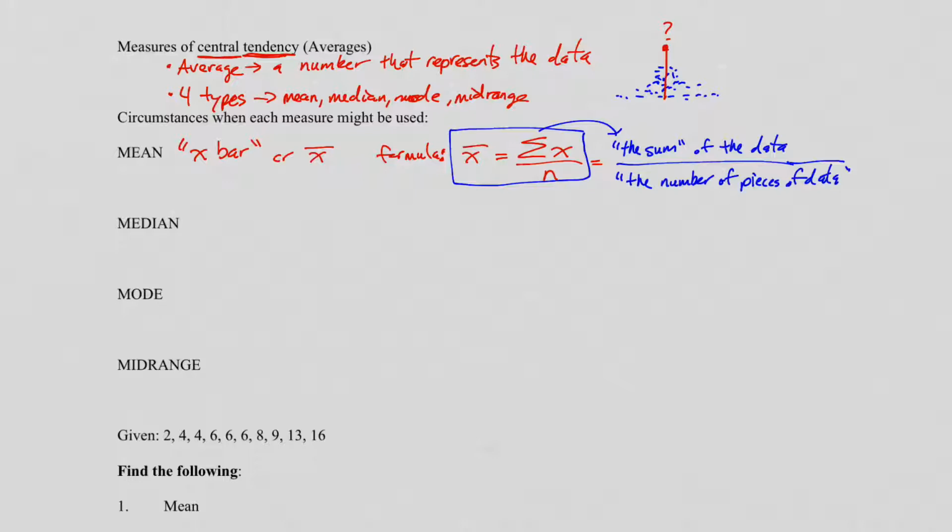The median is going to be the middle value. It's not just the middle of any set of data, it has to be ranked data. Ranked means lowest to highest.